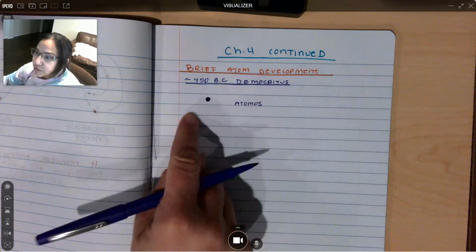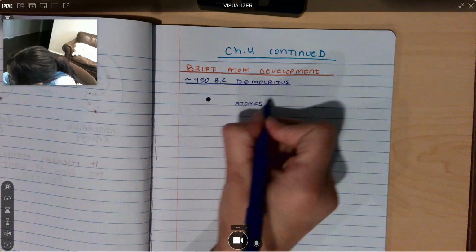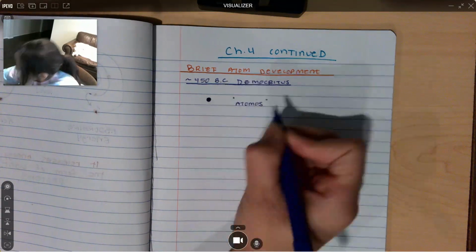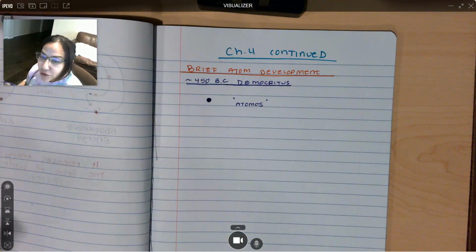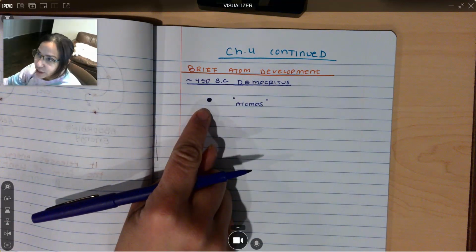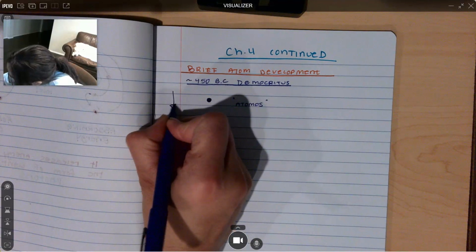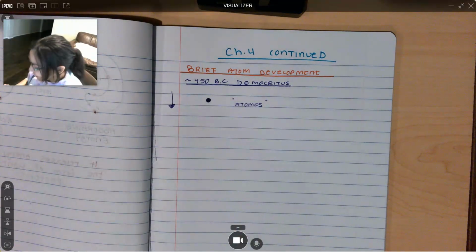So everything was made out of solid little tiny particles called atoms. And this just came from a philosopher back in 450 BC, right? You could get something and cut it until you could no longer cut it. And when you reach the point where you can no longer cut it, you have reached an atomos. All right. This then many years later led to some more discoveries.